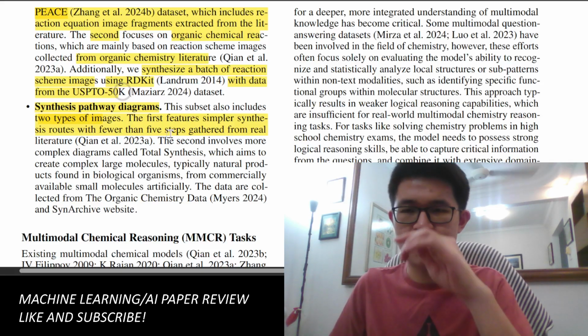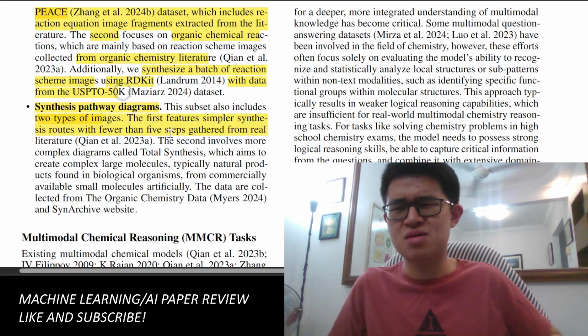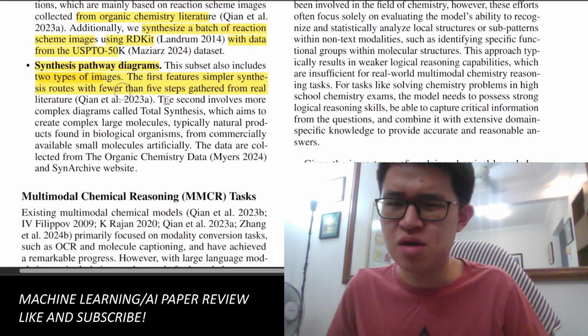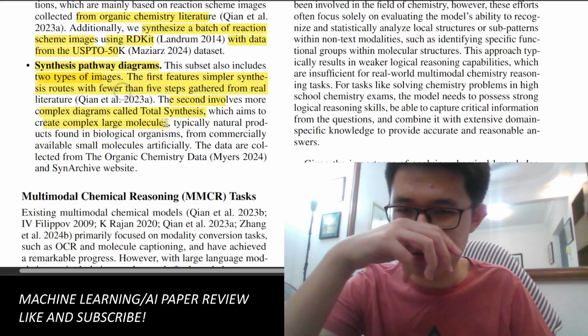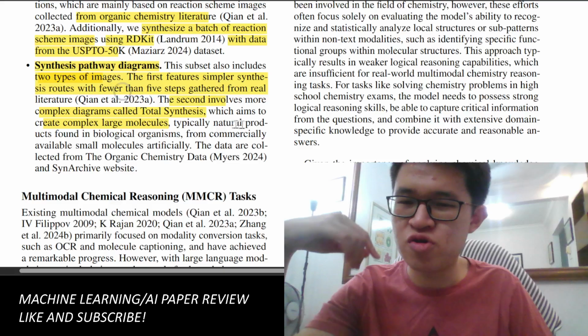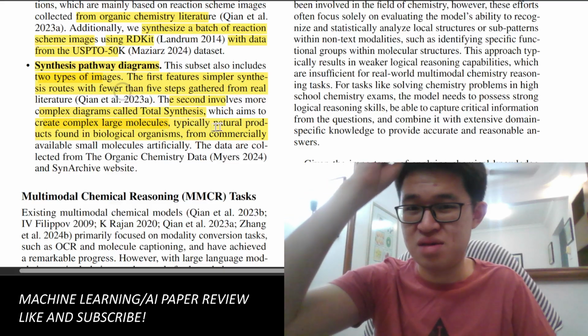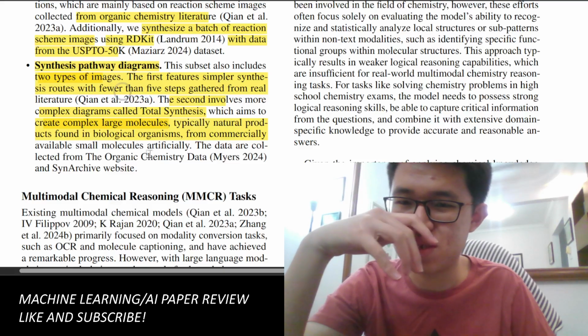If you have salicylic acid, it is a single step, if I can recall. The second part involves complex diagrams called total synthesis, where the goal is to create complex, large molecules, typically natural substances or commercial substances.